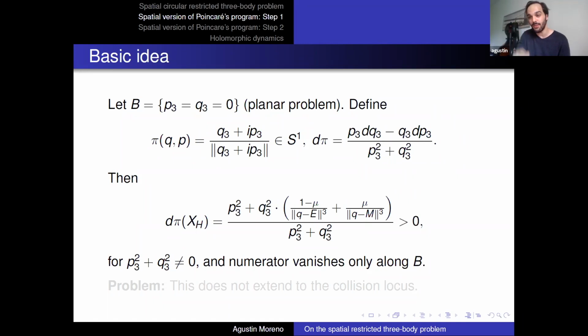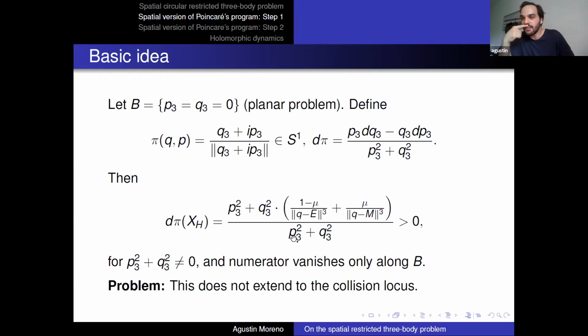This means that the flow is transverse to the pages. And if you do that, you will find very easily that you will get this expression here. So what you should observe is that the numerator vanishes only along B, when P3 equals Q3 equals 0. But of course, there's a problem here. Things are not that simple. This obviously does not work over the collision locus.